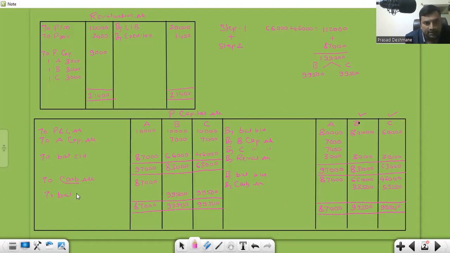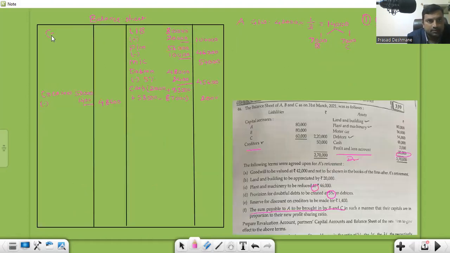For this, I'll write the final carried on balance. It means this is their new capital that we already calculated over here. So eventually we'll get the balances. Correct? 99,500 for B and C. That I'll write over here, capital of B and C, 99,500.